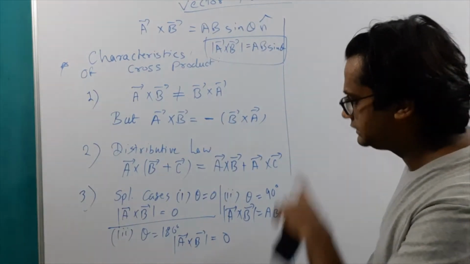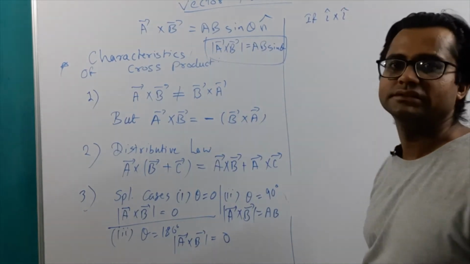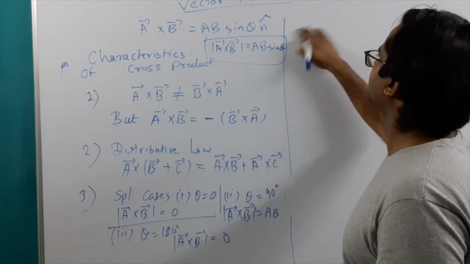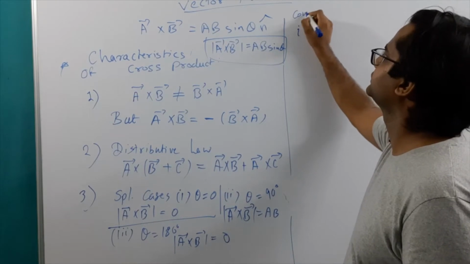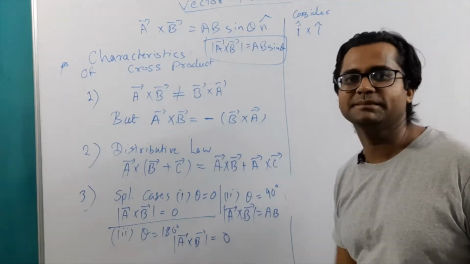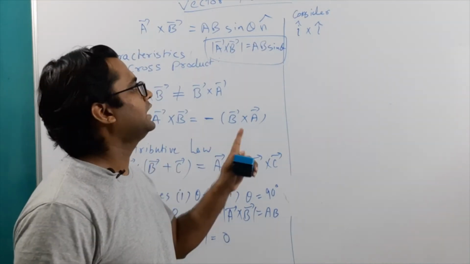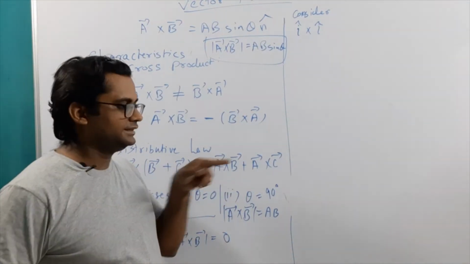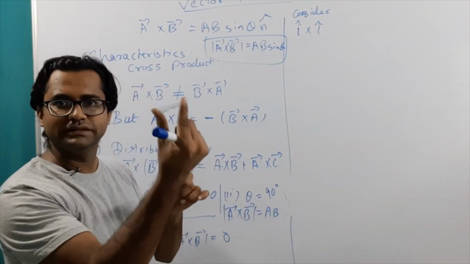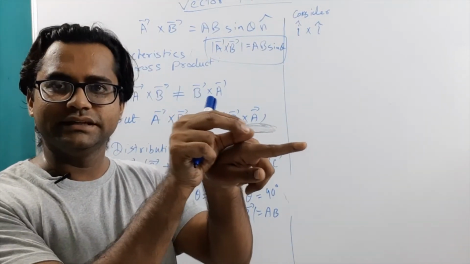Now let us consider the situation if I cap cross I cap is considered. What is I cap? I cap is unit vector in the direction of x-axis. Let us say this is my x-axis, so my I cap is unit vector in this direction, which is x direction.